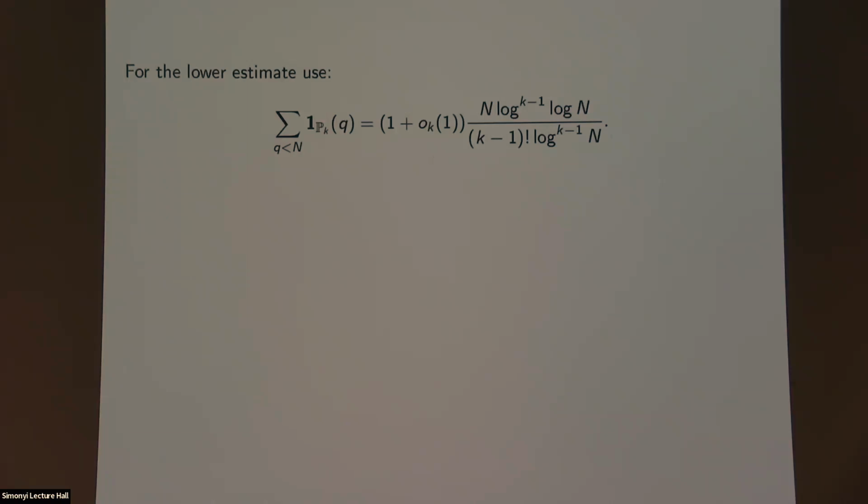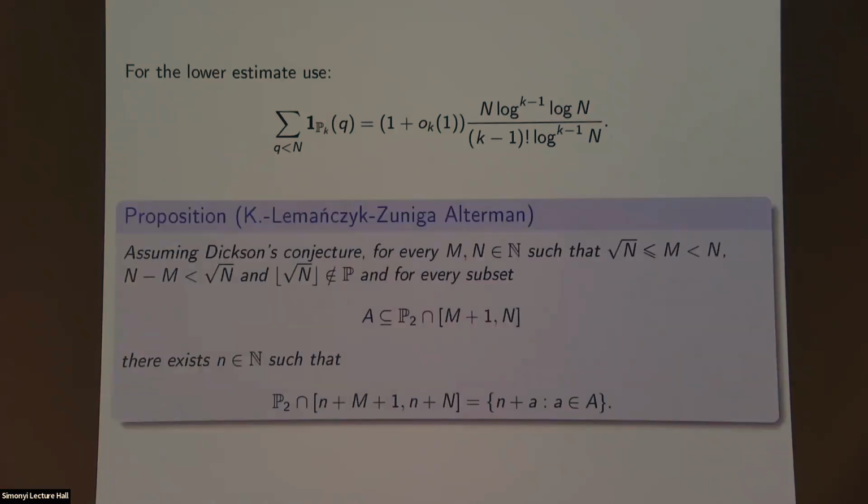So we have this, and assuming Dixon's conjecture, we can prove a combinatorial result, saying that if you have a subset of semi-primes contained in some interval, and the interval satisfies something, then this set is, I would say, semi-prime producing in a sense. And having this, you just obtain this lower number.